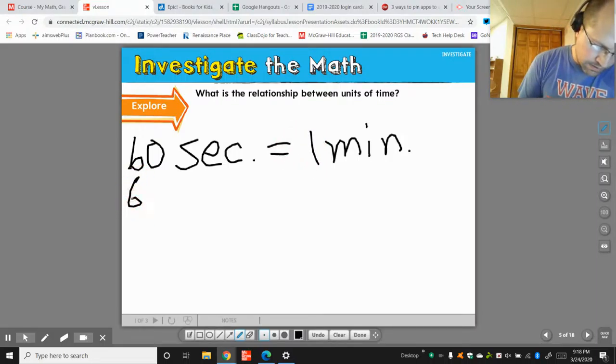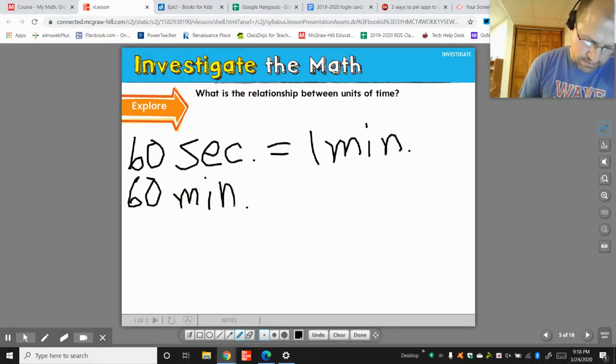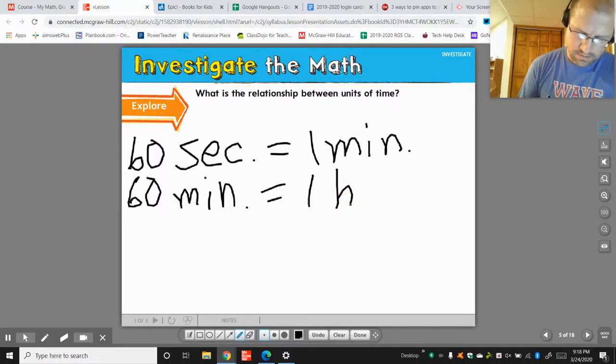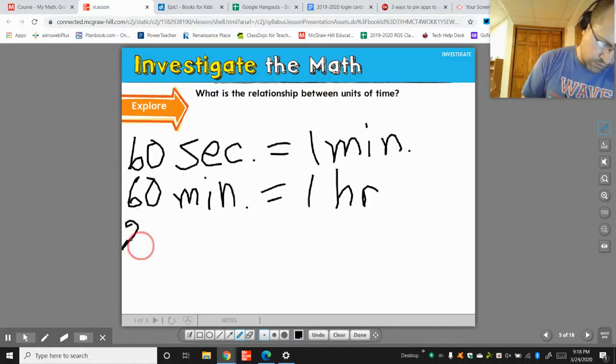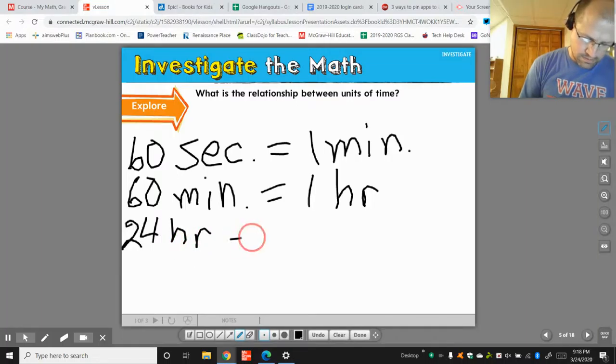There is also 60 minutes in 1 hour. There are 24 hours in 1 day.